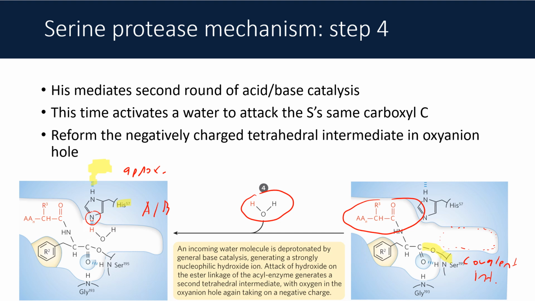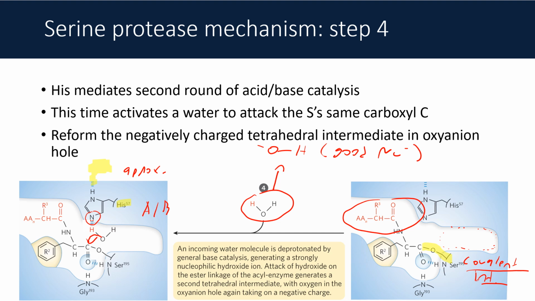That is going to convert water, which is a terrible nucleophile, into hydroxide, which is a good nucleophile. And now that we have a good nucleophile, this can attack the electrophilic ester carbon of our covalent intermediate.